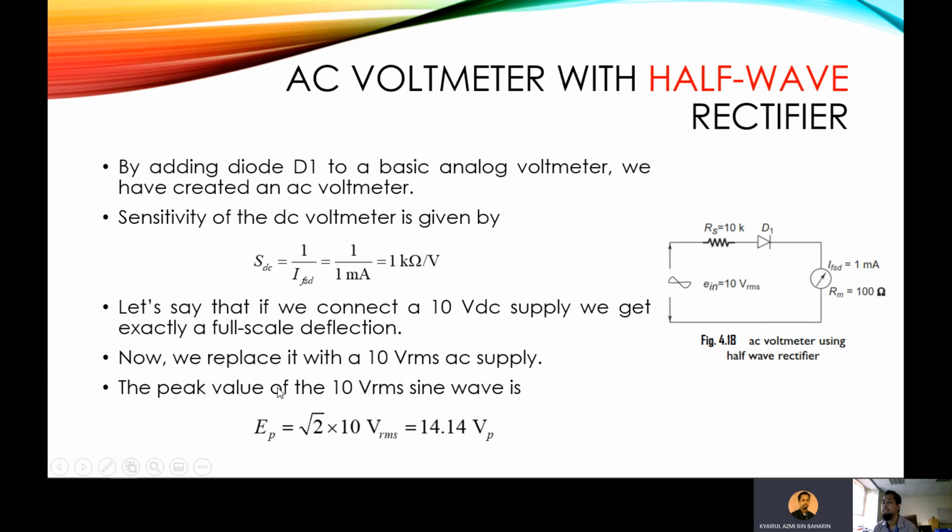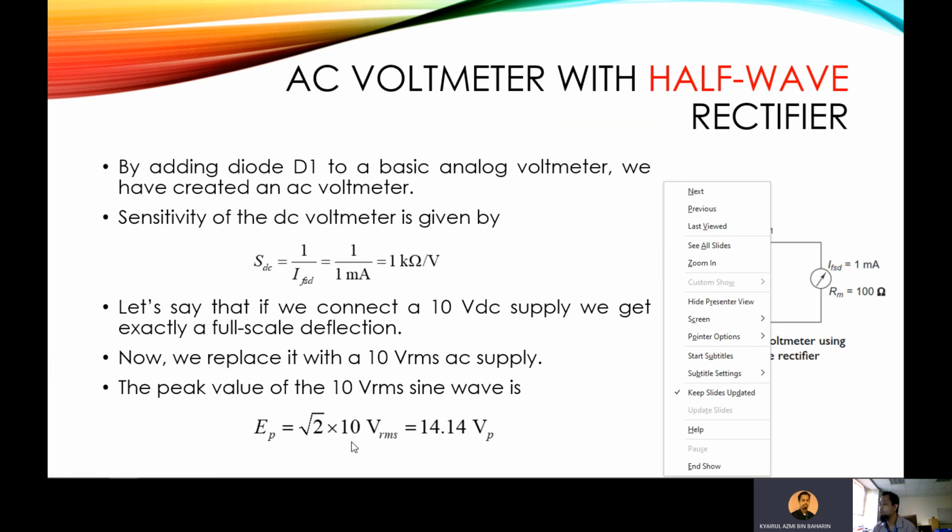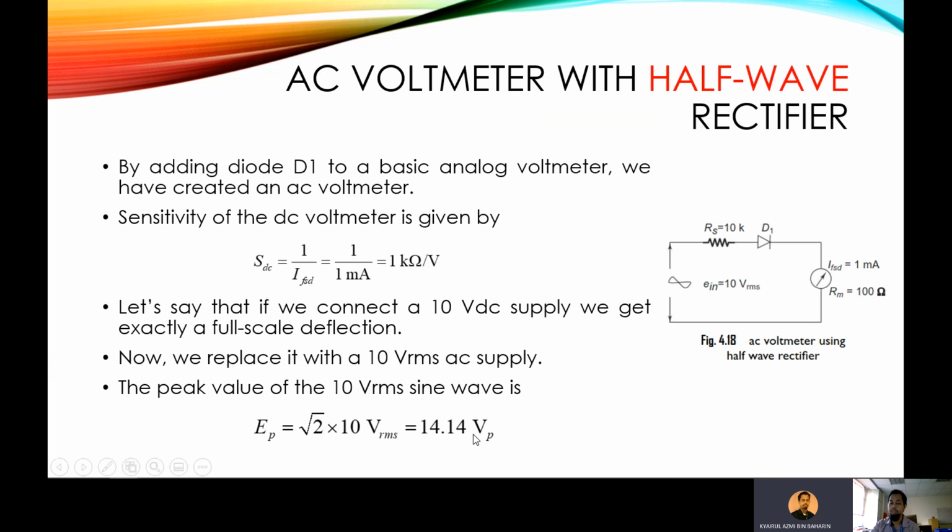And for the load, like resistor, capacitor or inductor, the voltage across those elements, we use V. Sometimes they use V and E interchangeably. Some books don't want to differentiate. The source, they use E. The load, they use V. So E here represents the voltage at the source. So we have 14.14 peak voltage.